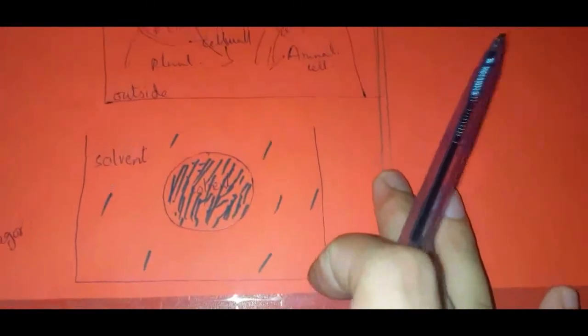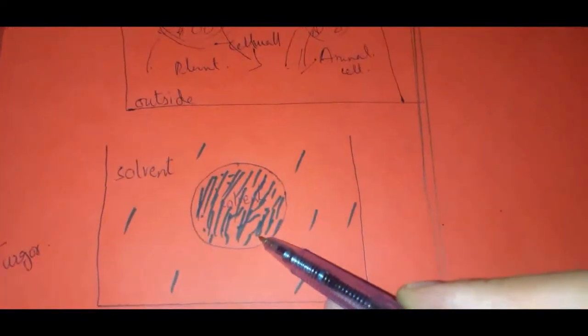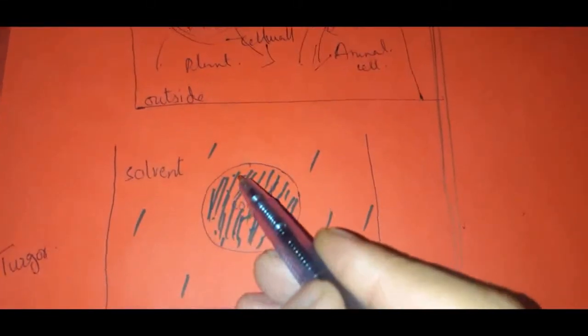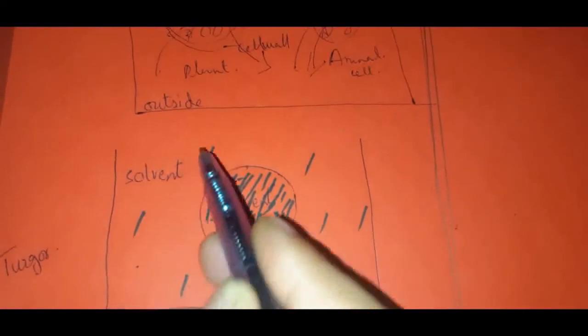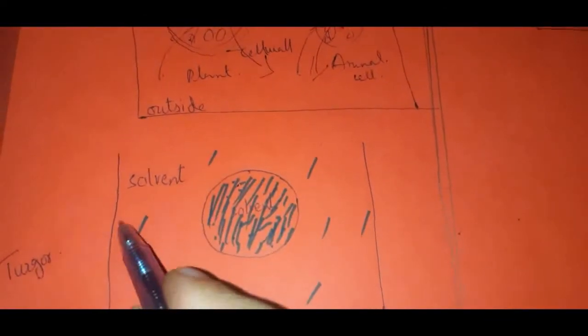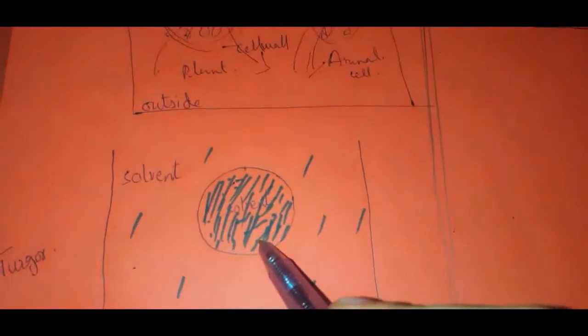So look over here, this is our first case. This is the container or the outside of the cell, and this is the cell, right? Both have solvents, both have water, but here the concentration of salt is less compared to inside: 1, 2, 3, 4, 5, 6, 7, only 7, whereas inside the cell there is more concentration.